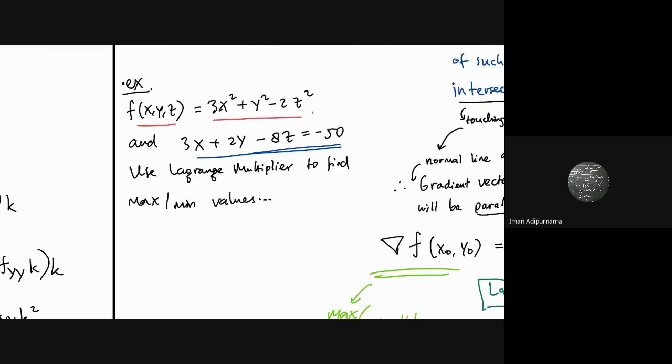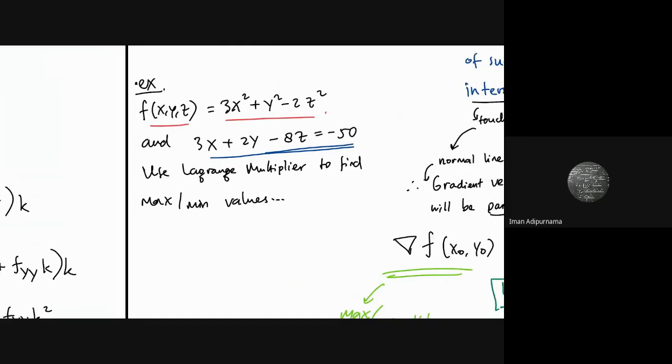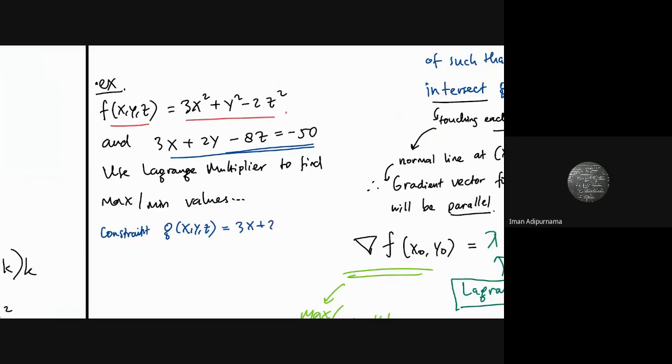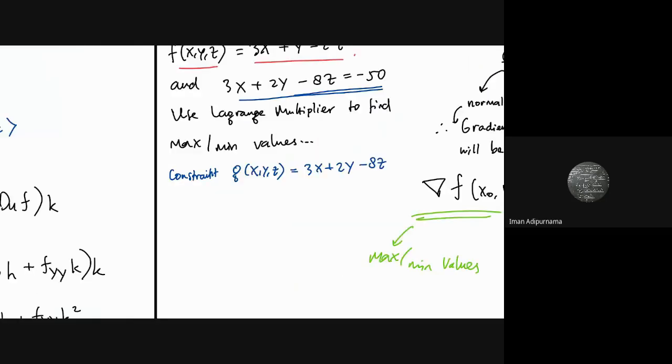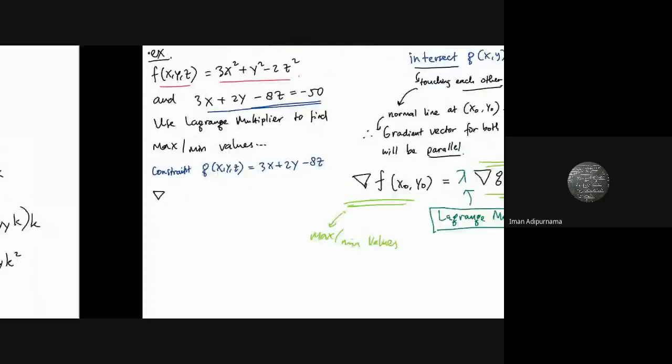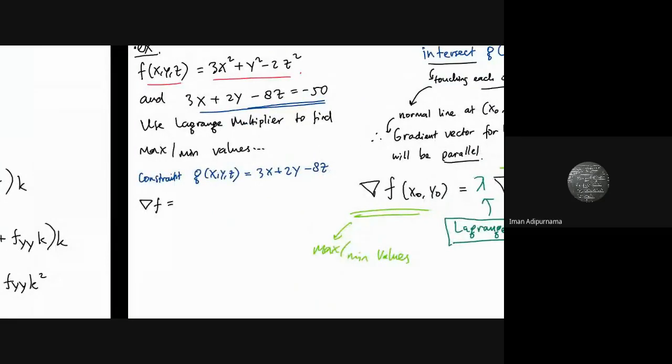Now, the constraint, let's say g, we can take g as 3x plus 2y negative 8z, just that, because we only need the variables. Because when we differentiate, the constant will be 0, right? So what we need to do, we take the gradient of f equal to Lagrange times the gradient of g.